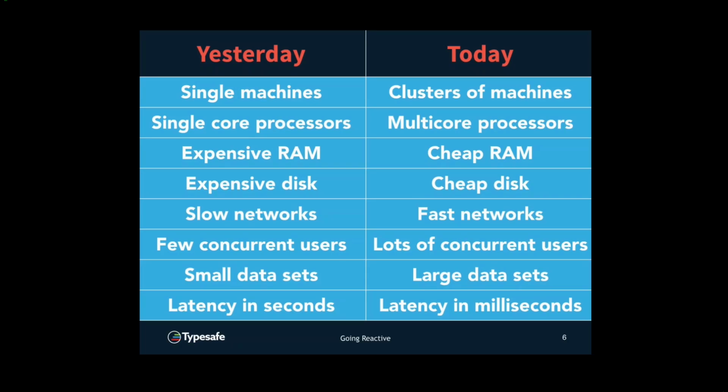But the other trait you still want to have is to be able to add more hardware to scale up. And also you want to be elastic over time. You want to be able to scale up, but in times where the demand is not that high, you want to be able to scale down as well and save cost, because even in the cloud, you still have to pay for your instances.